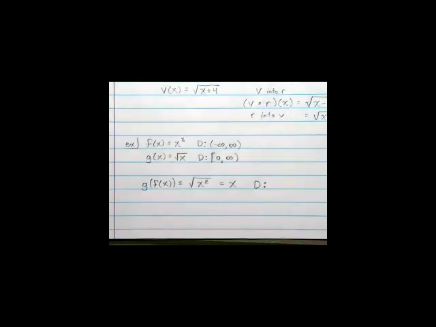Okay? The output of x squared needs to work in the square root of x. Okay? Because the output of this becomes the input of this. That's kind of the chain that we're going through right now. So because x squared always gives you something that's non-negative, and anything non-negative is good to go in a square root, the domain ultimately is negative infinity to infinity for this one.